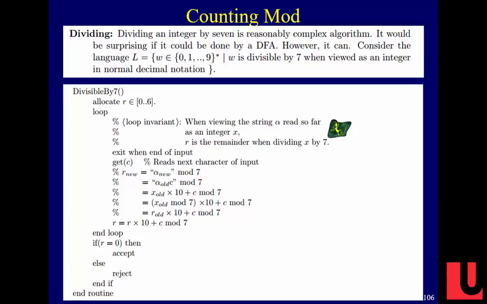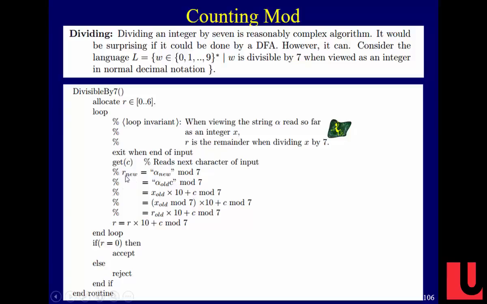We bring this character down if we're doing division, right? So now this is our new remainder. And what is this? This is R times 10 plus the new character. So that's what we're going to do. We have our loop invariant that we have in R, and what do we want to know?